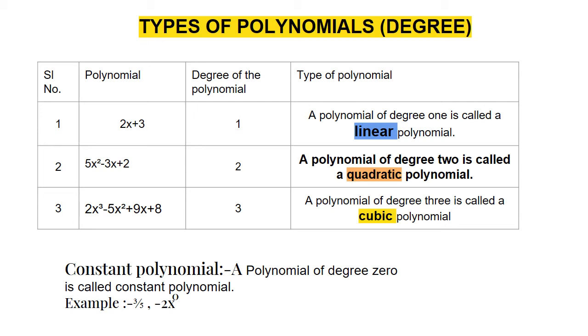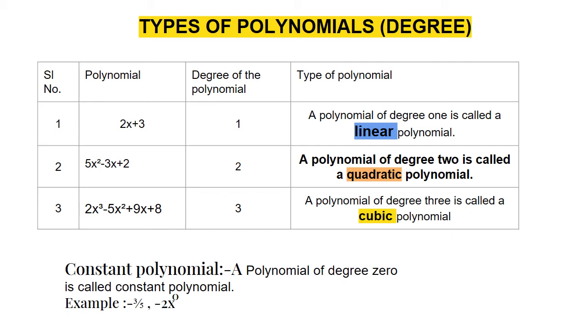Yes, because x is the one variable in this expression. The exponents are 3, 2 and 1, and here 8 into x to the power of 0. So all the exponents are whole numbers. The degree of this polynomial is 3. So a polynomial of degree 3 is called a cubic polynomial.